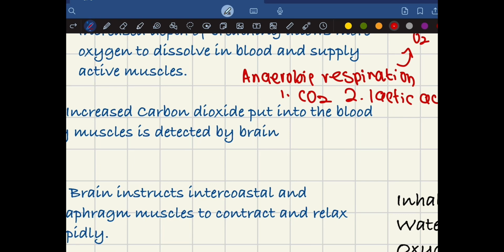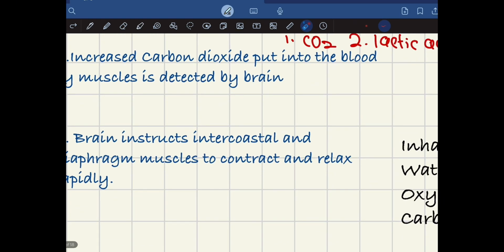So let's look at number 2. Increased carbon dioxide concentration, again due to anaerobic respiration. The increased carbon dioxide put into the blood by muscles is detected by the brain. Your brain will then instruct your intercostal muscles and diaphragm to contract and relax rapidly.